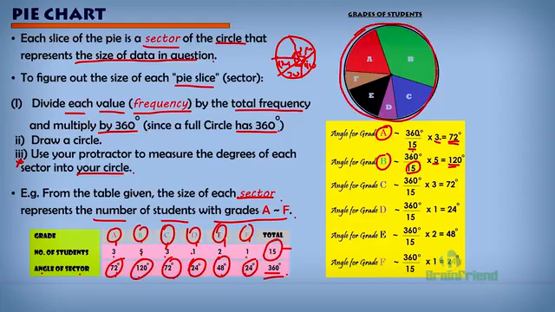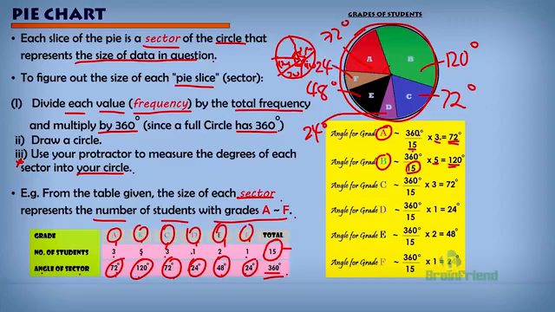Our grade A, 72 degrees. Our grade B had 120 degrees. Our grade C was 72 degrees also. Our grade D was 24 degrees. Our grade E was 48 degrees. And our grade F was just 24 degrees.